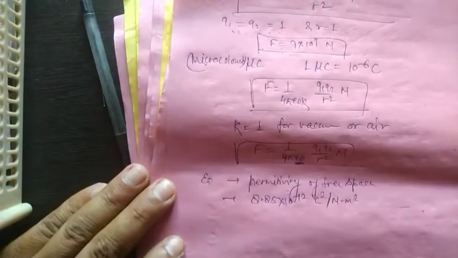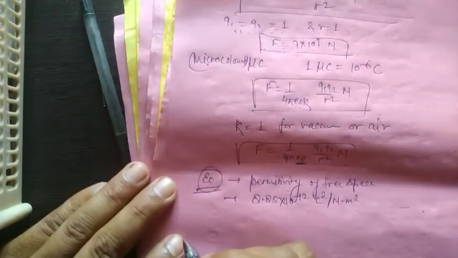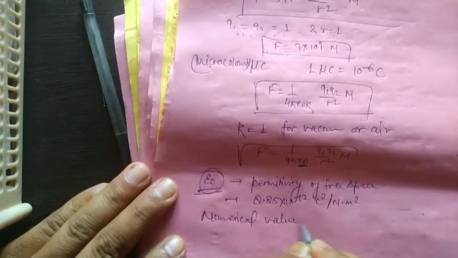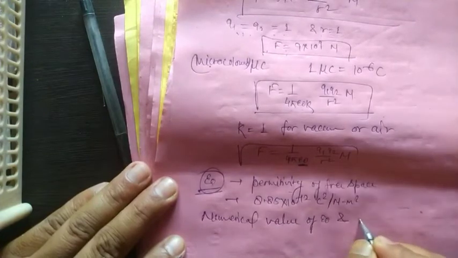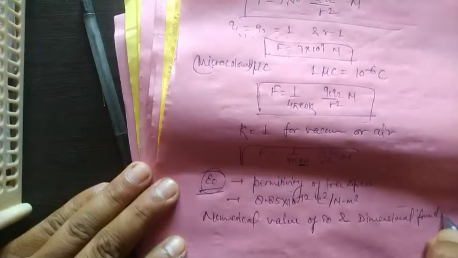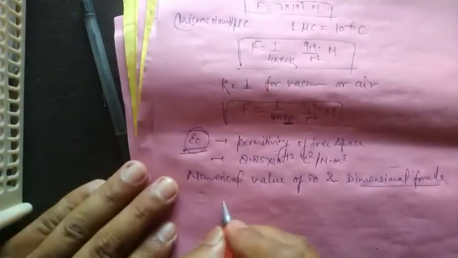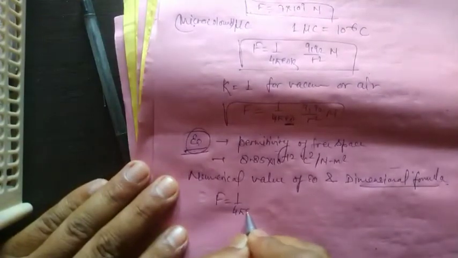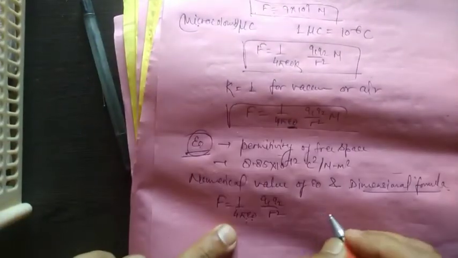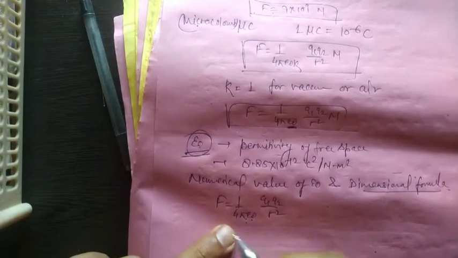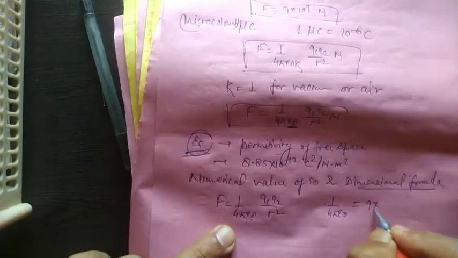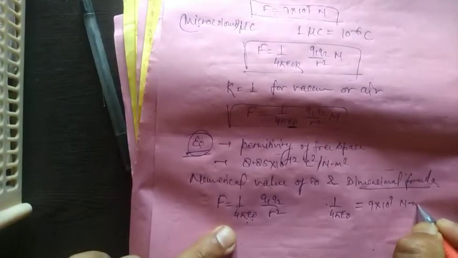Now we find the numerical value of epsilon naught and the dimensional formula. As we know, 1 upon 4 pi epsilon naught q1 q2 upon r square. We find the numerical value of epsilon naught. 1 upon 4 pi epsilon naught equals 9 into 10 the power 9 Newton meter square per Coulomb square.